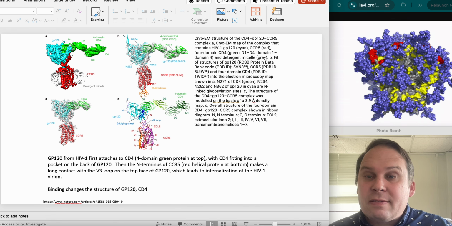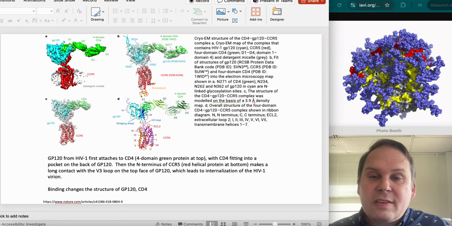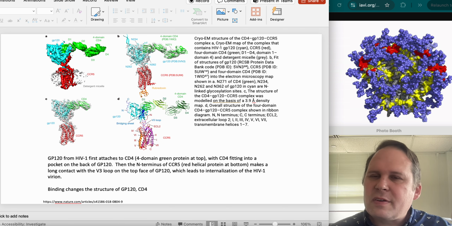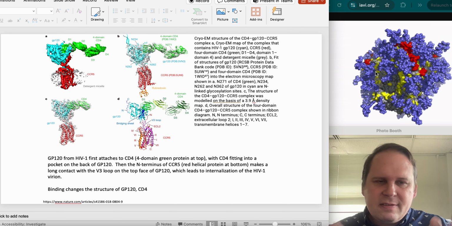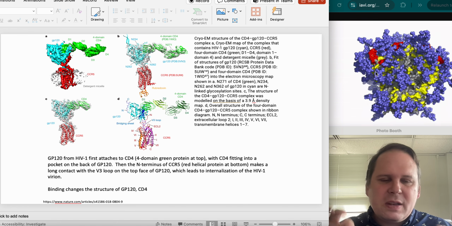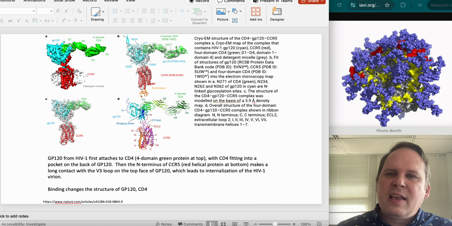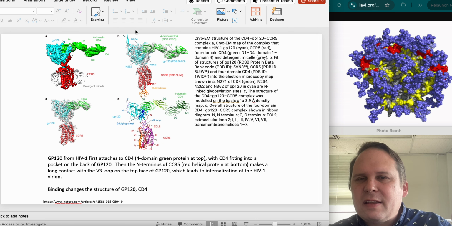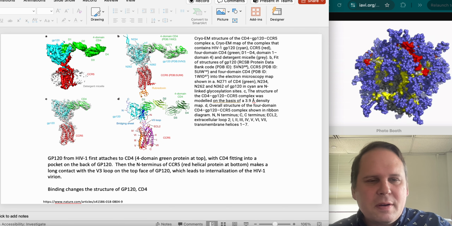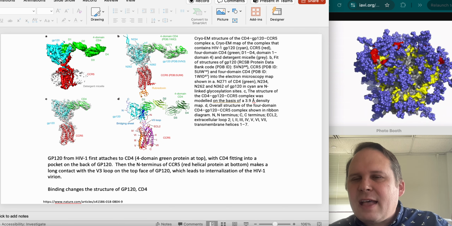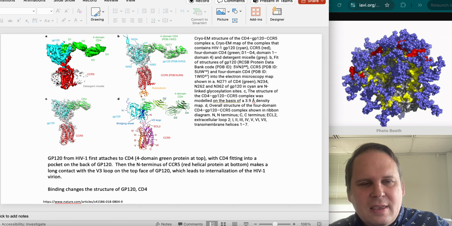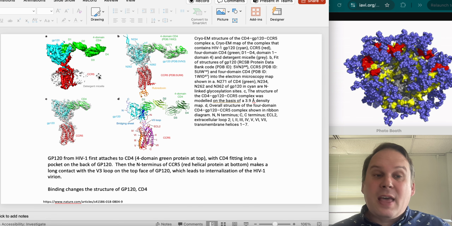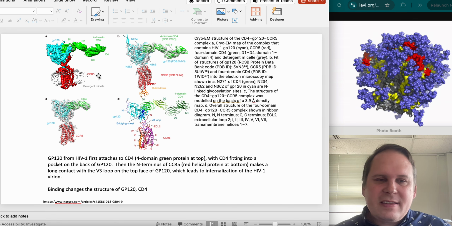All right, and binding is going to change the structure of GP120, and it's also going to change the structure of CCR5. CCR5 closes, GP120 kind of loosens after the phenylalanine 43 of CD4 binds, and that loosening is going to let the V3 loop come out, and then once the V3 loop is out, then it's going to get attached very tightly.